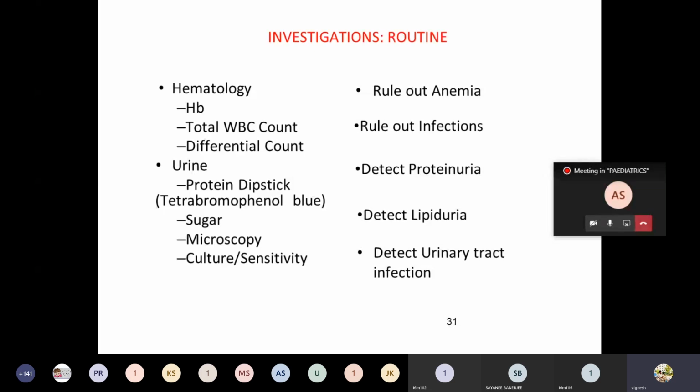Sometimes you have to do a peripheral smear to rule out other causes of anemia. You should do a WBC count to rule out whether there is an infection. Whenever there is infection, the WBC count will rise to more than 20,000. Once again, we do a differential count; neutrophil counts will be increased in case of infections.